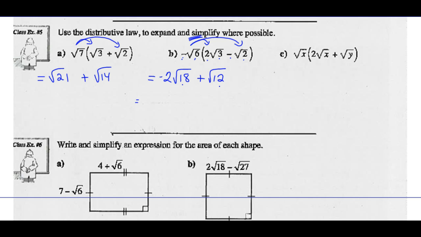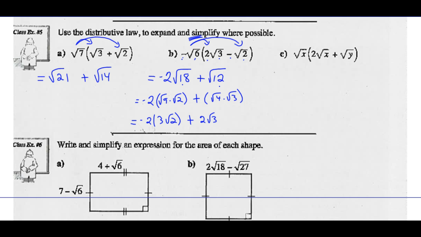So let's do that. This is negative 2 times square root of 18 can be written as square root 9 times square root 2, plus radical 12 can be written as square root 4 times square root 3. I now simplify. Radical 9 is the same as 3, so negative 2 times 3 root 2, added 2, square root of 4 is 2, there's no square root of 3.